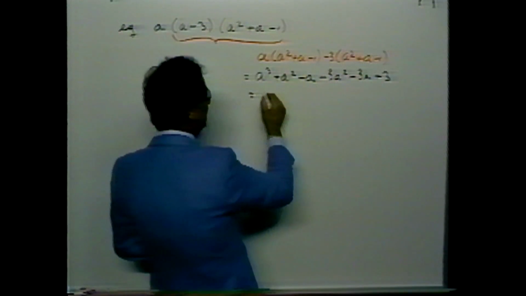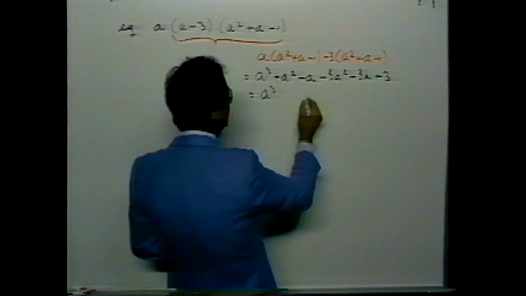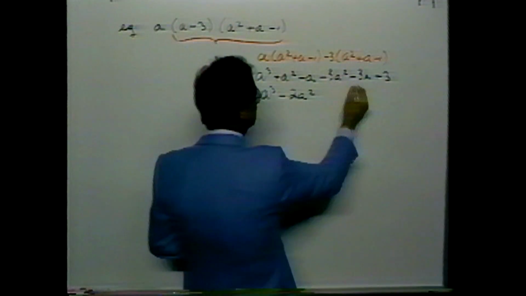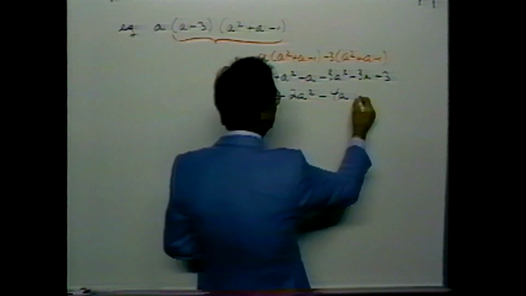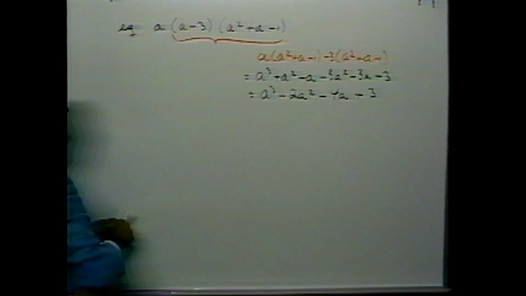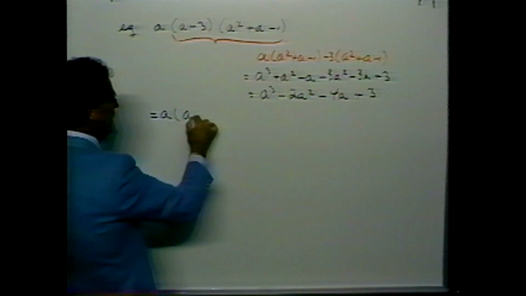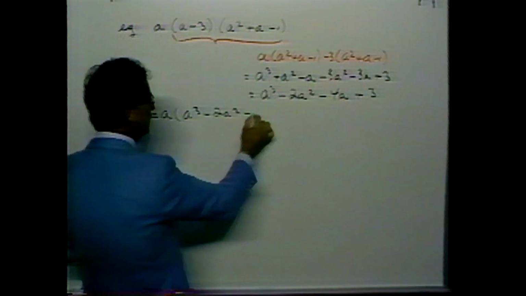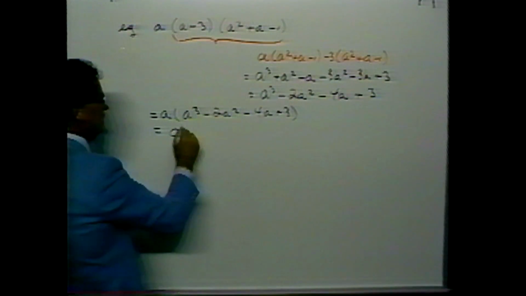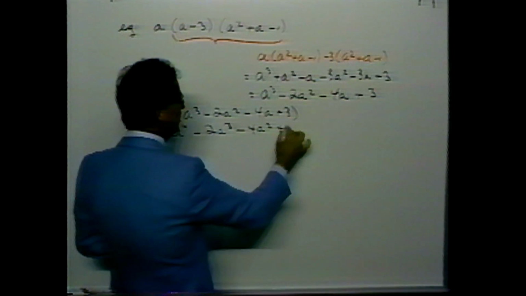Simplifying like terms, a cubed, this together with that adds up and gives minus 2a squared. These two add up to give minus 4a, and plus 3 finally. Now, coming back to the main problem, we can see that we still have to multiply a by that amount. And the final answer then is a to the fourth minus 2a cubed minus 4a squared plus 3a.